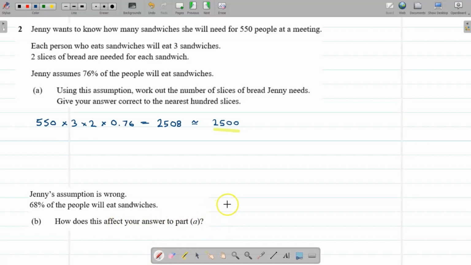So I'm going to say that 68% is less than 76%. Okay, so fewer slices needed. Okay, and that should get you the mark for that question.